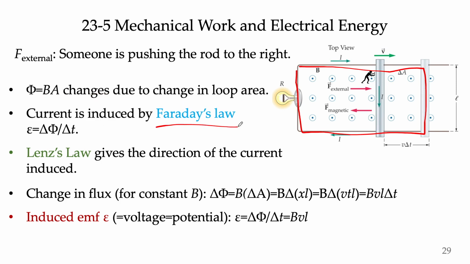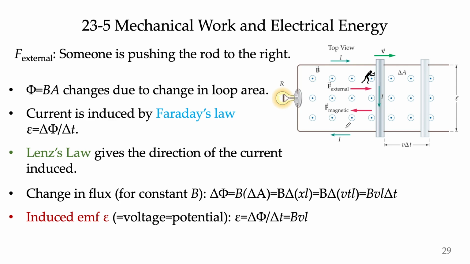Now Faraday's law tells us the induced emf will be the change in flux with respect to time. We don't have N here because we only have one loop, so N is basically 1. And Lenz's law gives us the direction of the current induced. So the magnetic field is out of the page and the flux is increasing. So the loop will try to decrease the flux to oppose it.